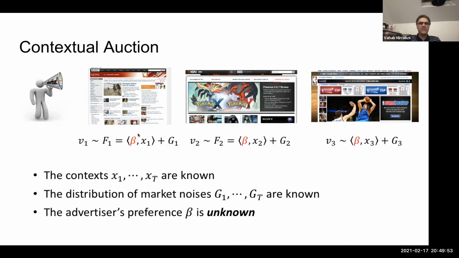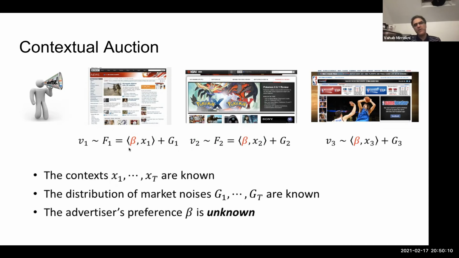The context is the contextual information, for example, of the web pages, that's known to the auctioneer. The part that's not known is these preferences.